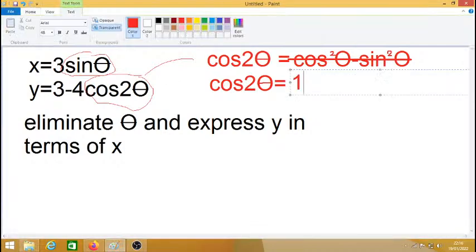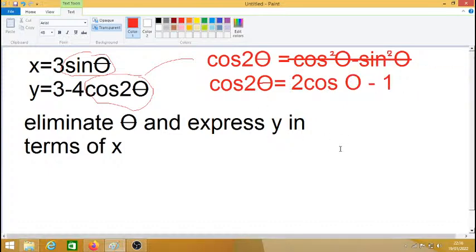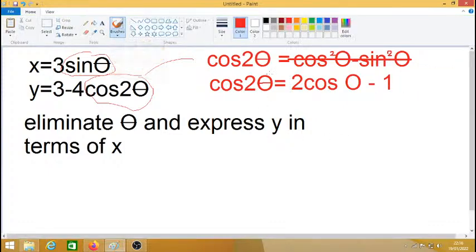The next one we learned was cos 2 theta is equal to 2 cos squared theta minus 1. That one doesn't look like it's going to work because it doesn't have sine in it at all. So let's cross that one out.